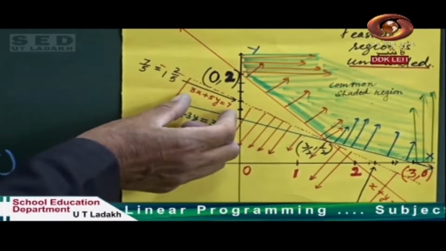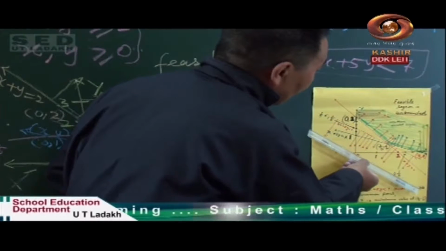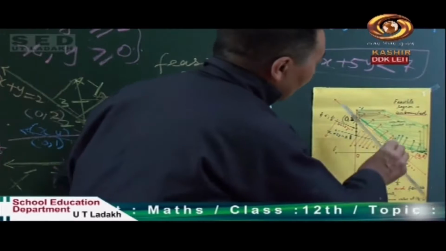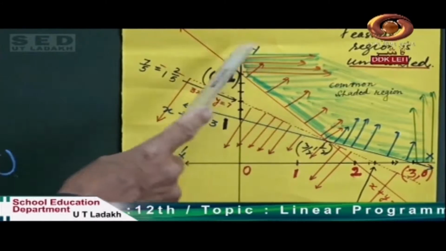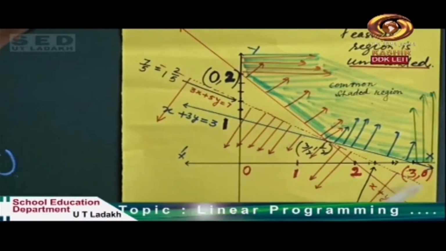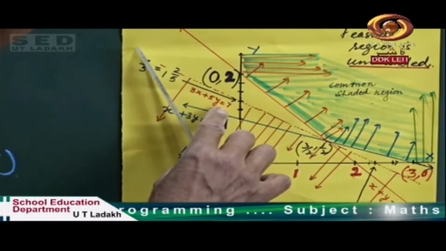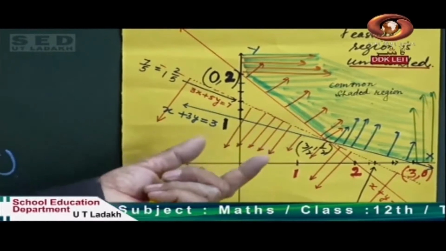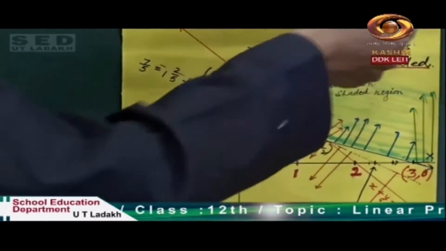For this inequation, the solution region is below the line, and our feasible region, which is unbounded, is above the line. So the solution of the inequation 3x plus 5y less than 7 is below the line. These are disjoint. There is nothing common between this solution region and the region above.